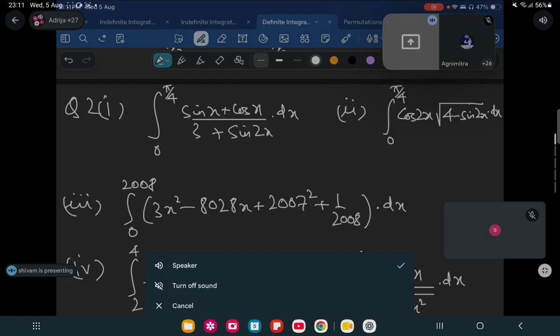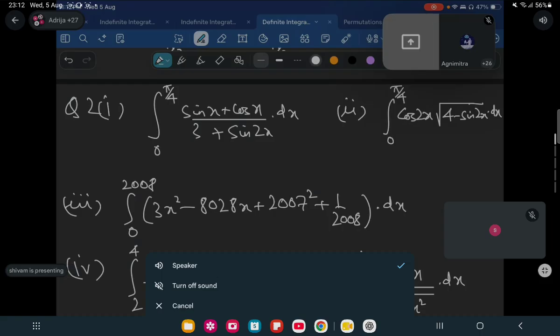Abhinandan, first one is correct. Soham, first one is correct. Second one, I have got a different answer. Oh, you have sent the last one. Yes, last one is correct.